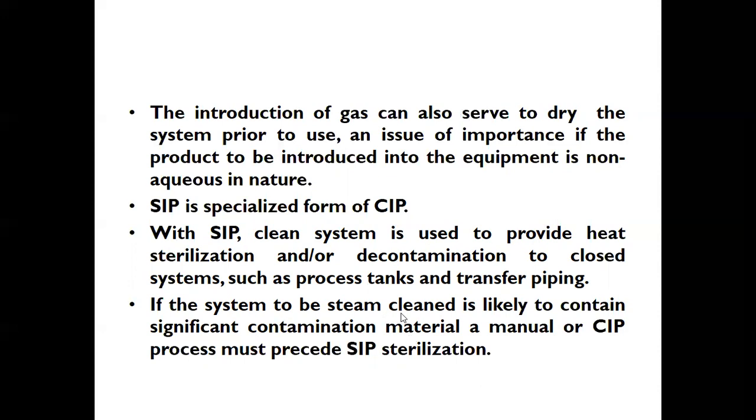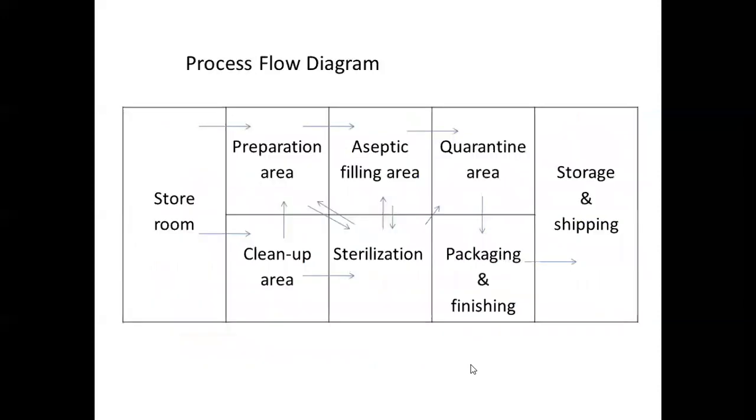If the system to be steam cleaned is likely to contain significant contamination material, a manual or CIP process must precede SIP sterilization. This means the cleaning process must be done first and then it is followed by the SIP, steam-in-place sterilization. This is the process flow diagram.